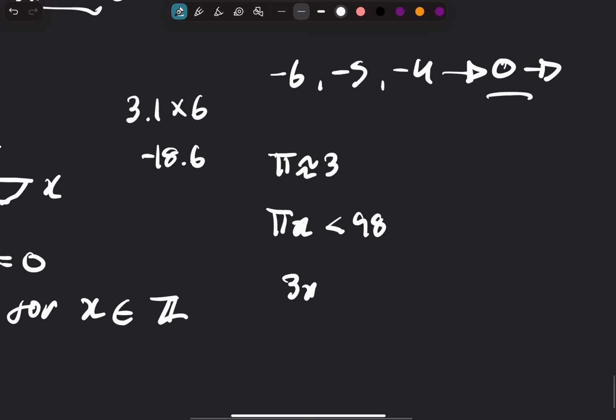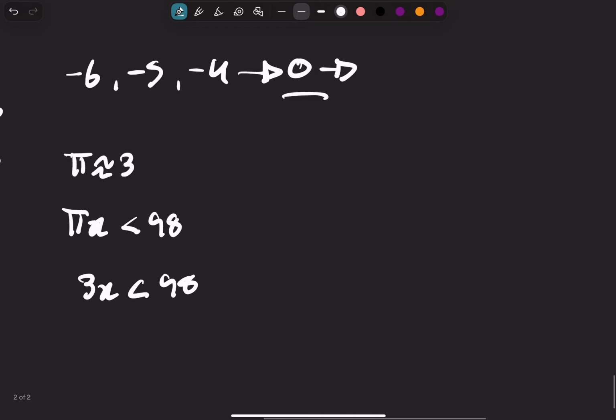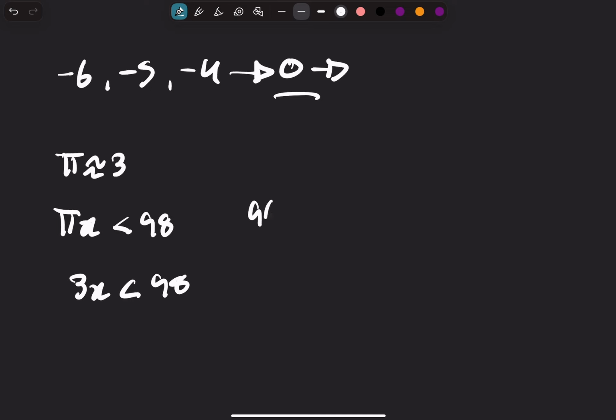So you can say that 3x has got to be less than 98. Is 98 a multiple of 3? No. Is 97 a multiple of 3? No. Is 96 a multiple of 3? Yes. So let's start with trying 96. Divide that by 3, we get 32. So we know that x equals 32.